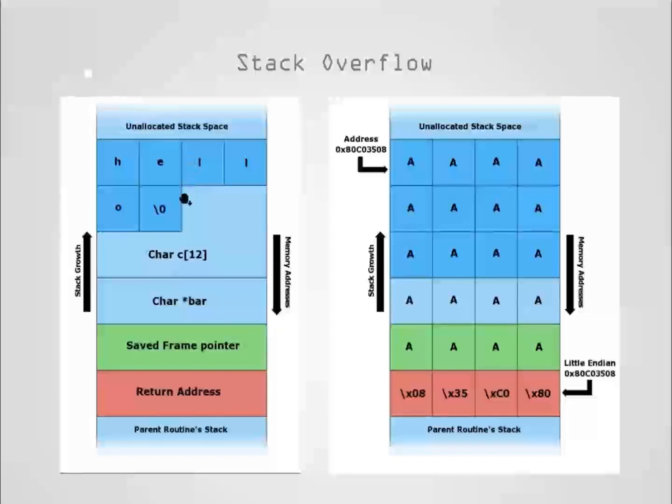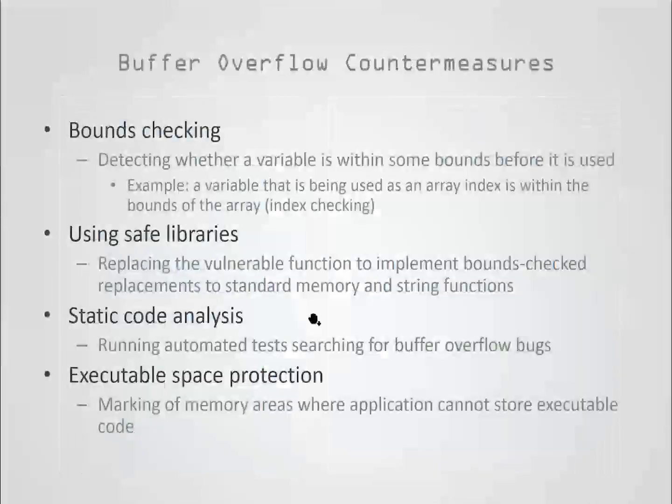So now you're overwriting other places in memory that were occupied by other things, because of the nature of how memory works, the way things are moving on and off the stack. So that's a graphical representation of an overflow.